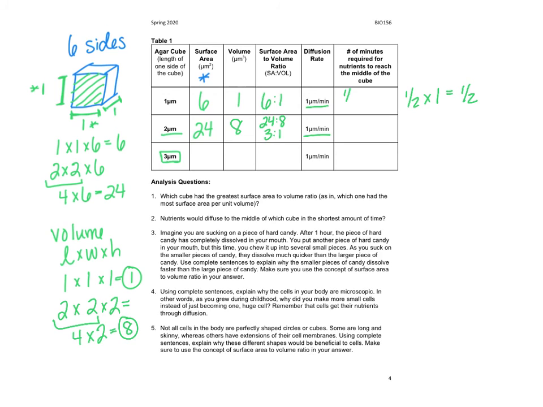So the answer would be 1/2 a minute for diffusion to occur. For our 2 micrometer cube, we could take 1/2 times 2, which gives us 1. So it would take 1 minute for those nutrients to diffuse to the middle of the cube. And then of course I'll let you figure out the 3 micrometer cube on your own.